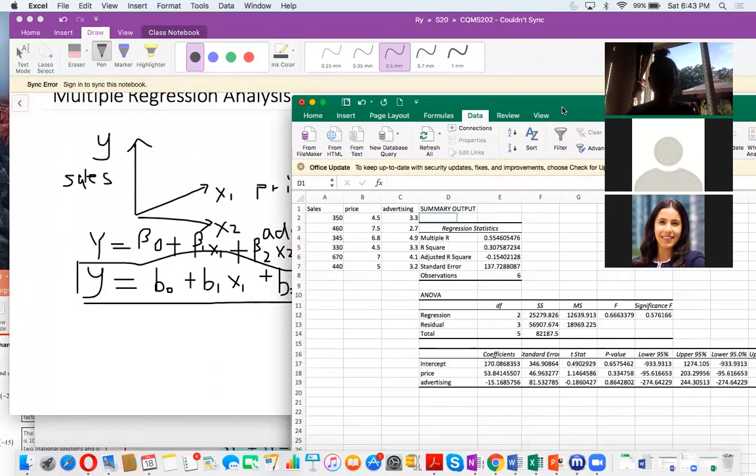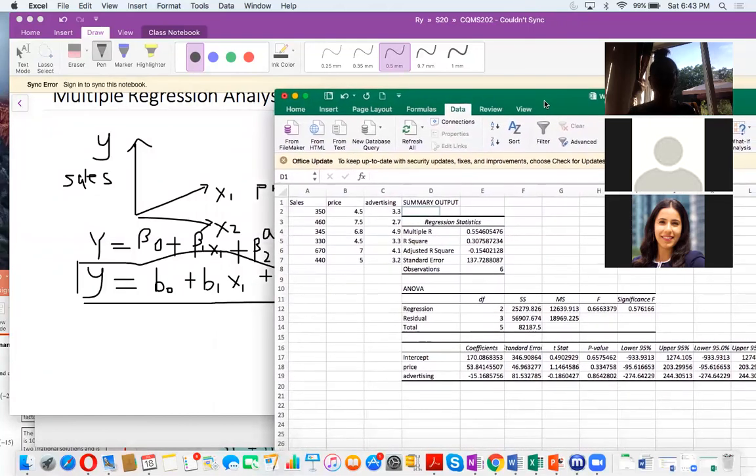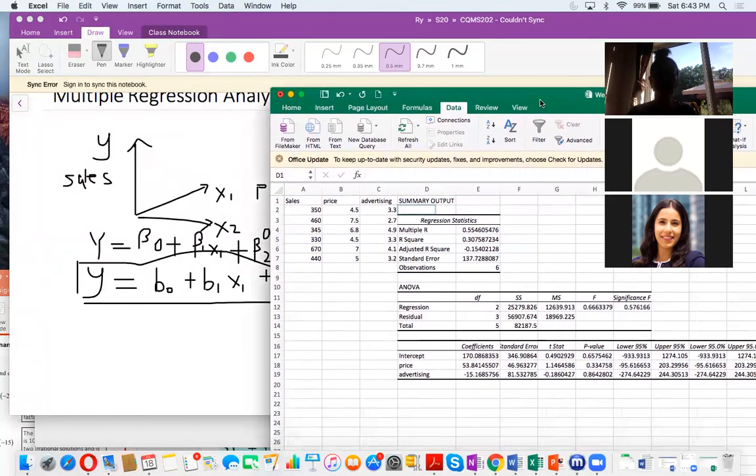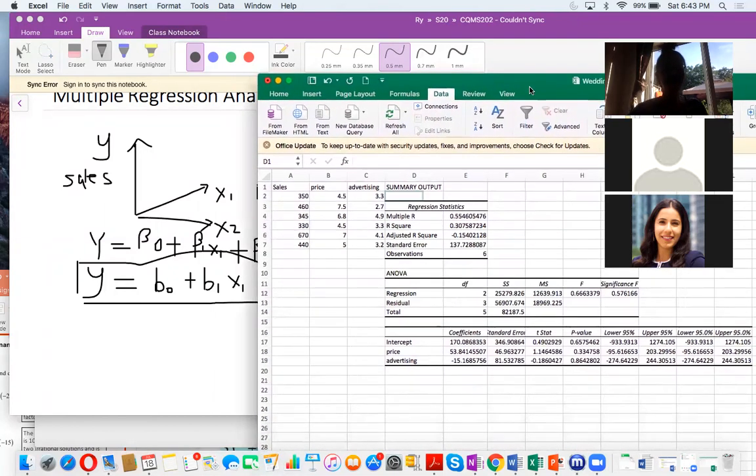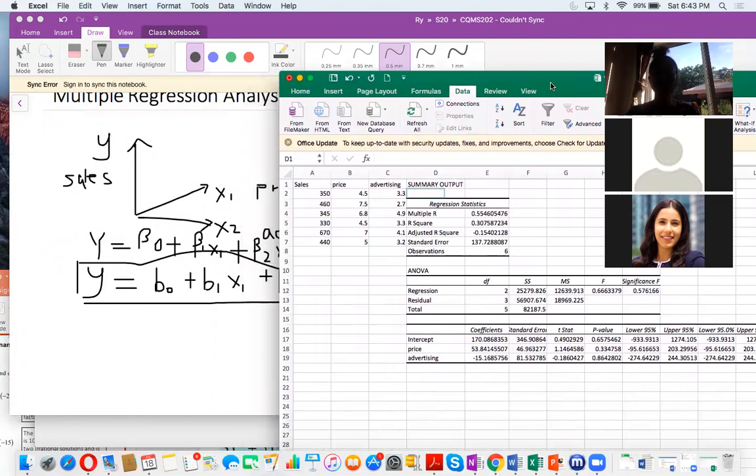Those conditions are similar to simple linear regression analysis, for example, the errors are independently distributed, and also the errors have constant variance. So we assume those are satisfied, then we can say, based on the data, I can produce the equation, and the equation would be based on those coefficients here.